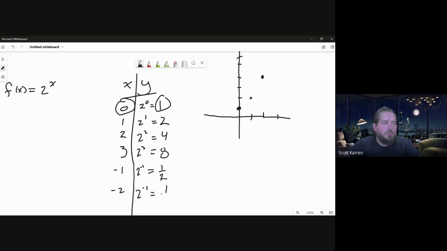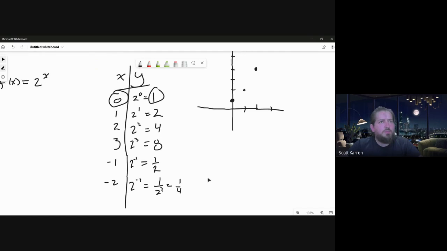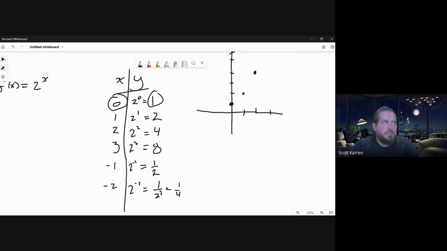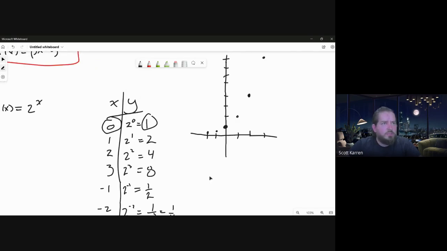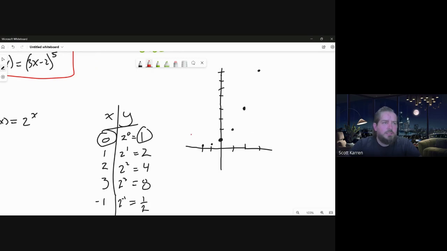But again, that's like having 1 over 2 squared, put down in the denominator, so that's 1/4. I can keep going, but I think I've got a pretty clear picture here. If x is -1, then I have a point at 1/2. If x is -2, I have a point at 1/4. And I can keep going, but it probably is a little bit more clear where this is headed.